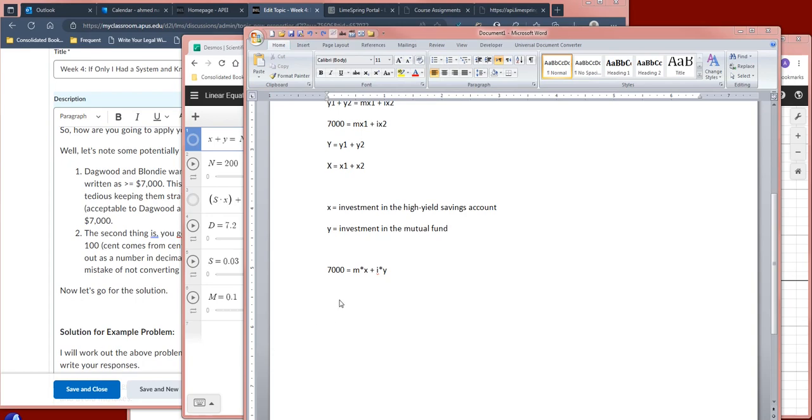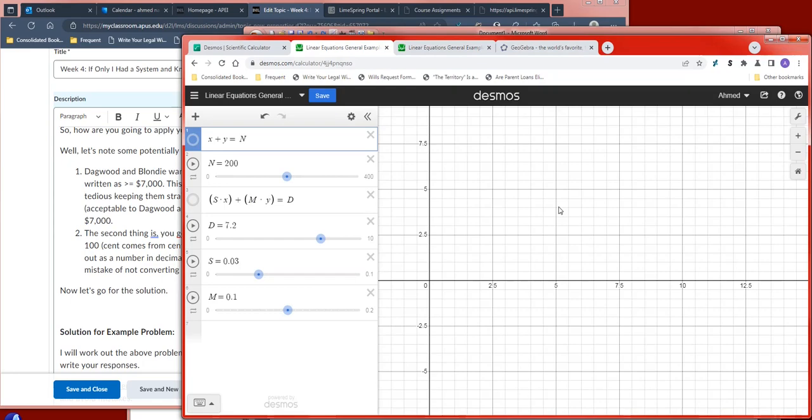Okay. What I'm going to do here is to make this equation look consistent with the graph that I'm going to play with in Desmos.